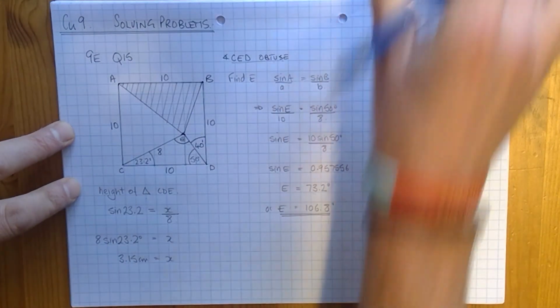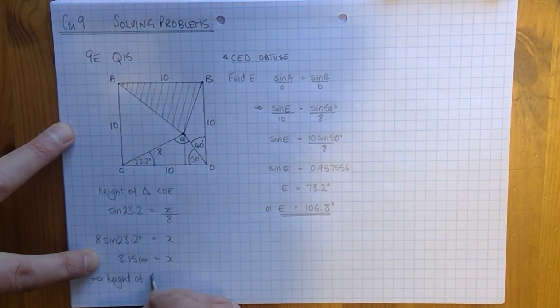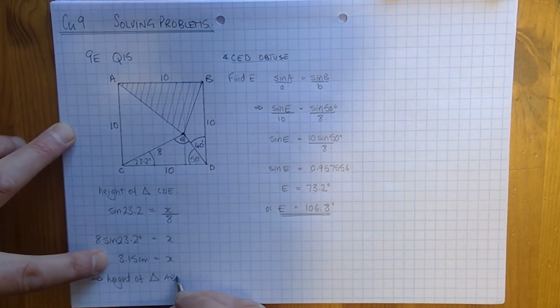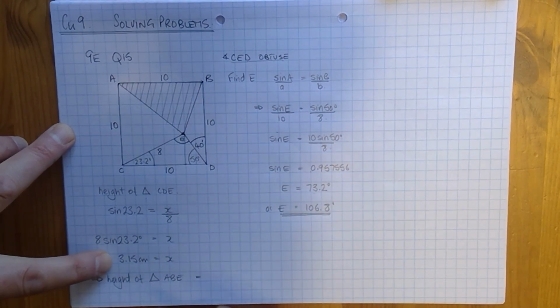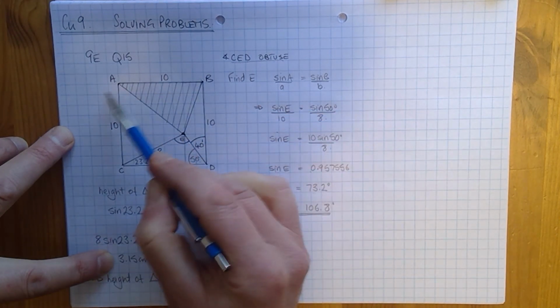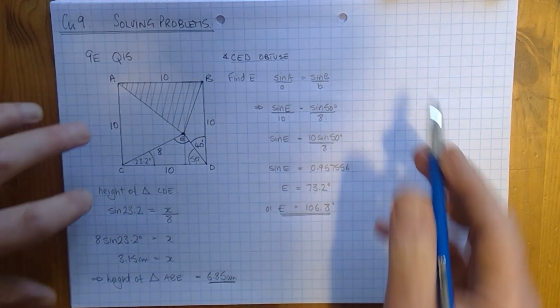So therefore the height of triangle ABE is 10 take away 3.15, which is 6.85. So I now know the height of ABE is 6.85. I know the base, so therefore I can work out the area.